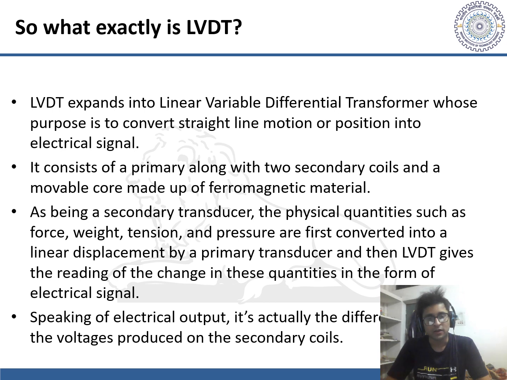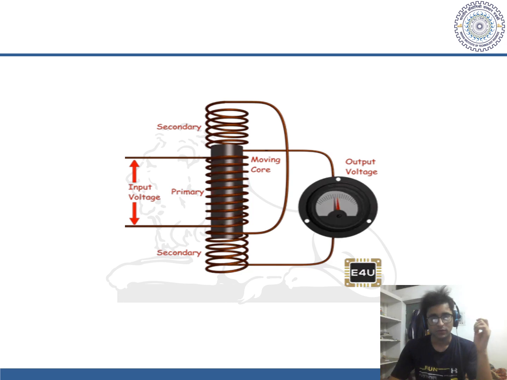Speaking of electrical output, it's actually the difference in the voltage produced on the two secondary coils. This is the basic appearance or the basic diagram of the LVDT, which shows that it contains two coils.